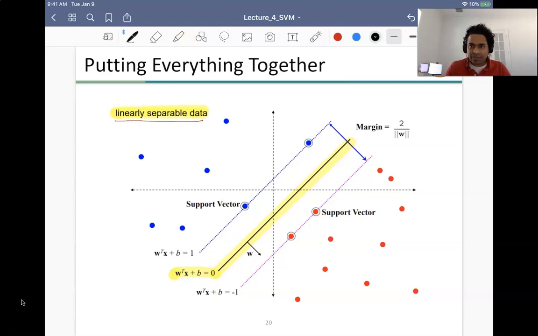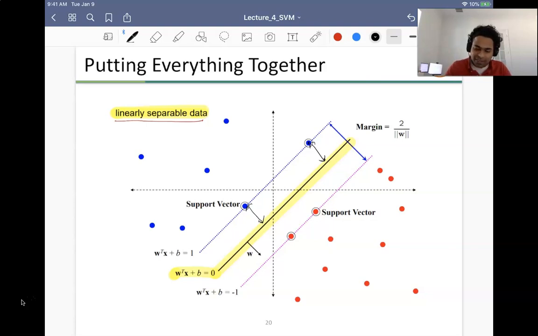Given this assumption of linear separability, there are potentially multiple possible separating hyperplanes. The goal of support vector machines is to find the separating hyperplane such that the margin is maximized. The margin is the distance from a point to the separating hyperplane, or the distance between the two parallel lines through the closest points of the positive and negative classes.